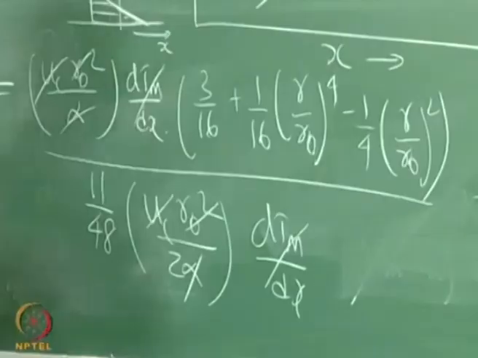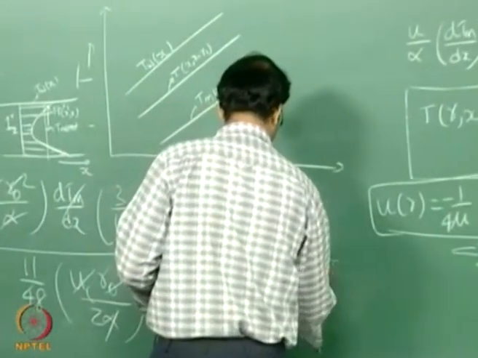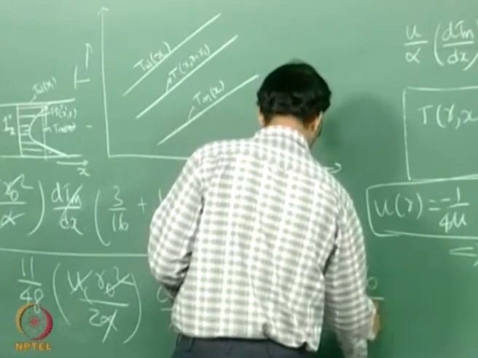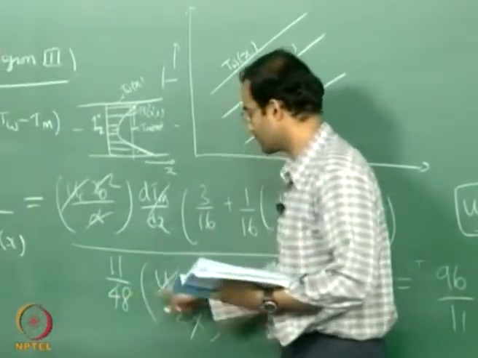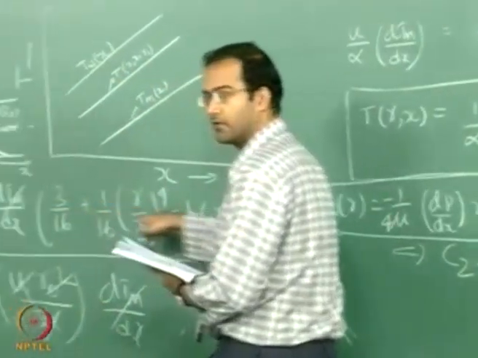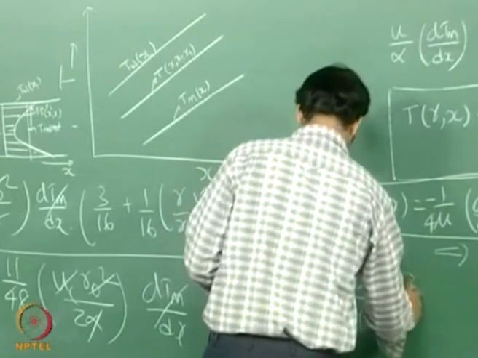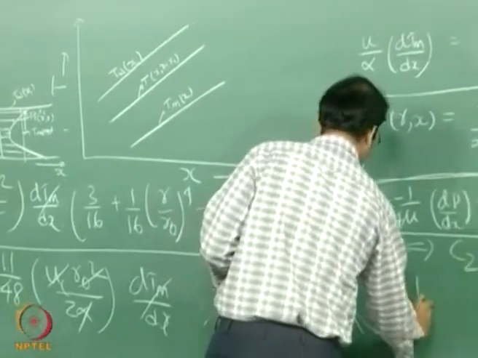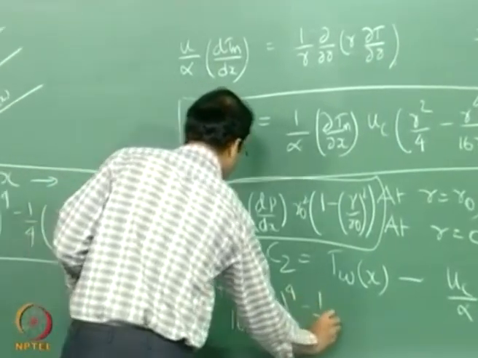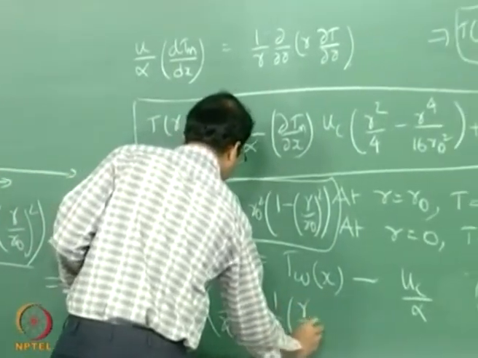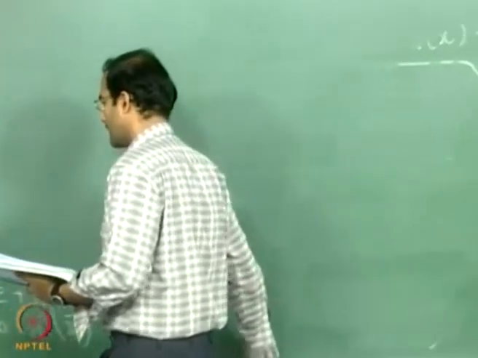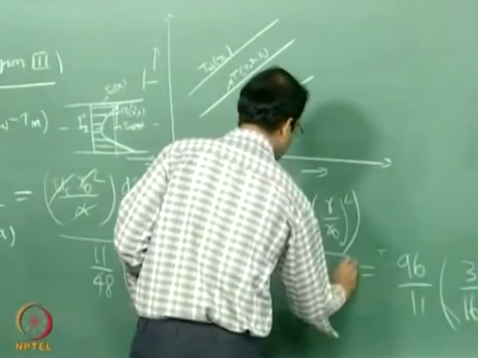So this will give you an expression as 96 by 11 because you have 48 into 2, so that goes up, 96 by 11 into this entire factor here, 3 by 16 plus 1 by 16 r by r naught to the power 4 minus 1 by 4 r by r naught square. So this is your final expression for theta.